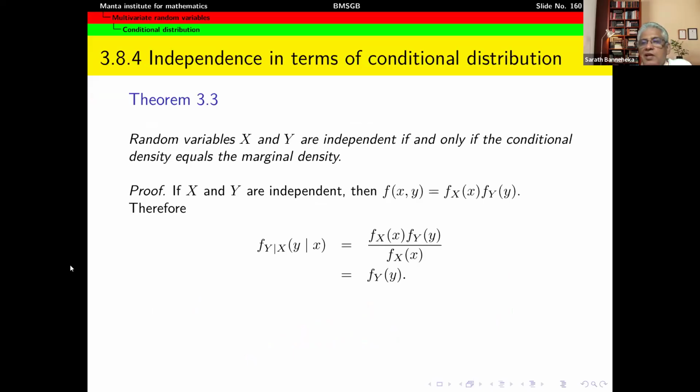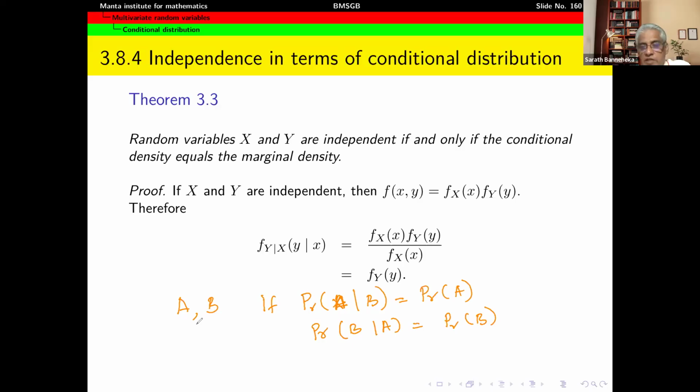So again, let me remind you, when you want to talk about the independence of events, generally we define events A and B to be independent if the probability of A given B is the same as the probability of A, or equivalently, if the probability of B given A is the same as the probability of B, right?